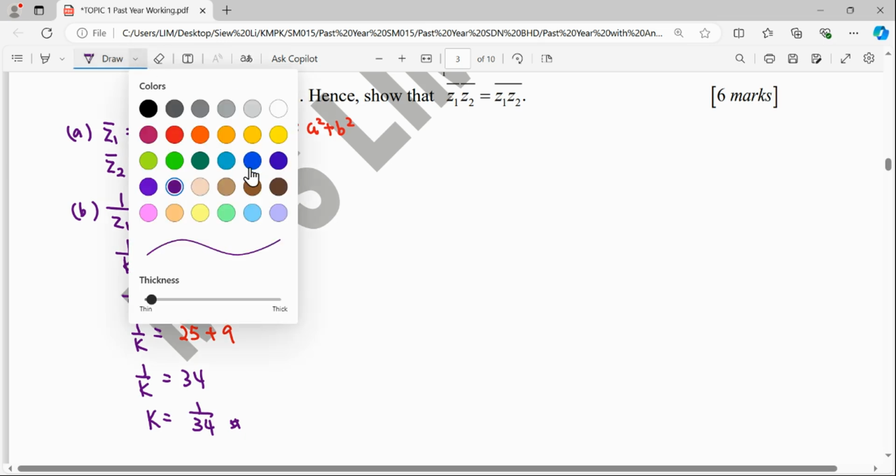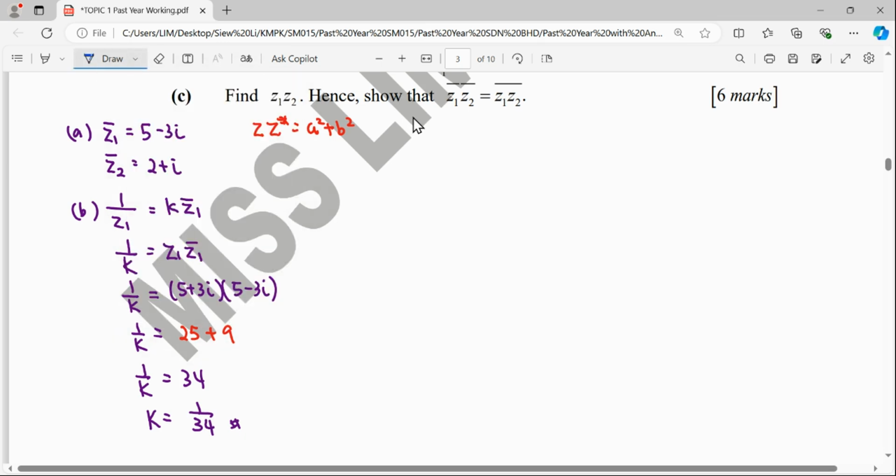Then for part C, for the first part, z1 times z2. So z1 is 5 plus 3i, z2 is 2 minus i. We expand this, where 5 times 2 is 10. Then 5 times negative 1, negative 5i.